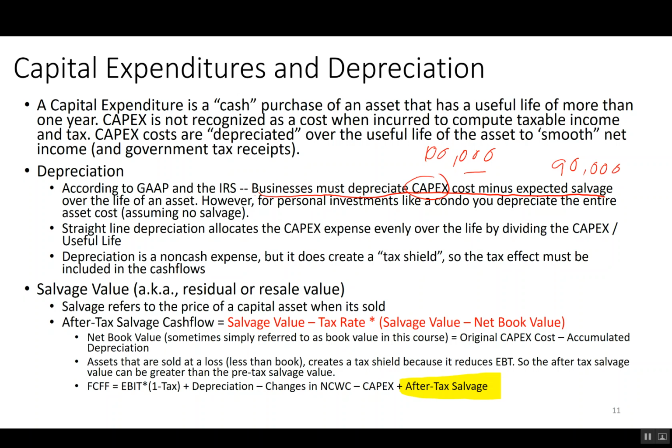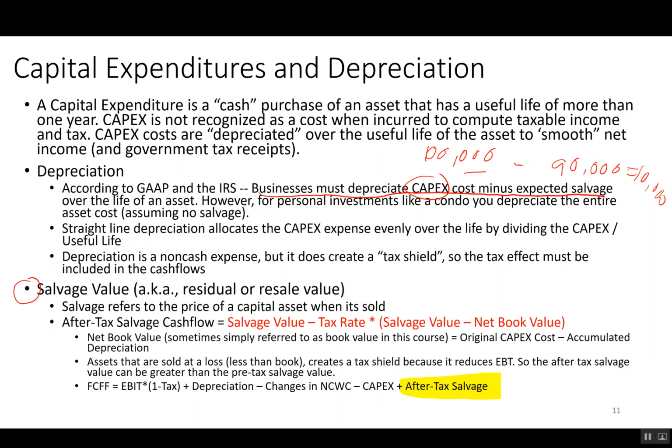If this were a corporate investment, we would only depreciate that $10,000 difference. However, in personal investments, you assume the final salvage value is zero. Therefore, we're going to depreciate the full $100,000 using our straight line depreciation.